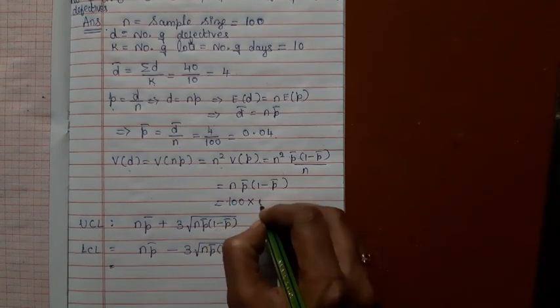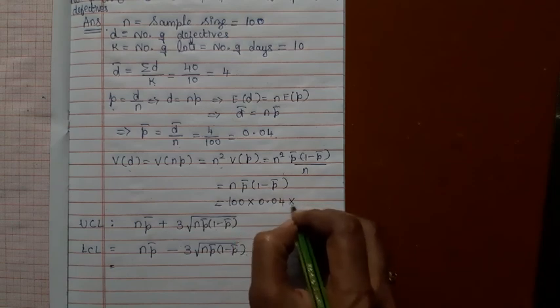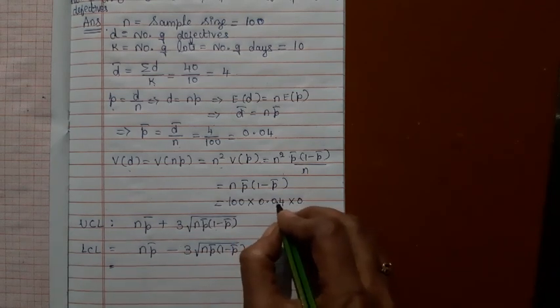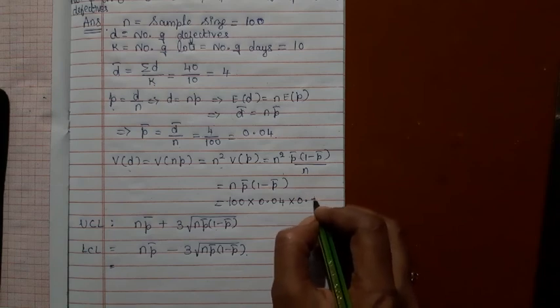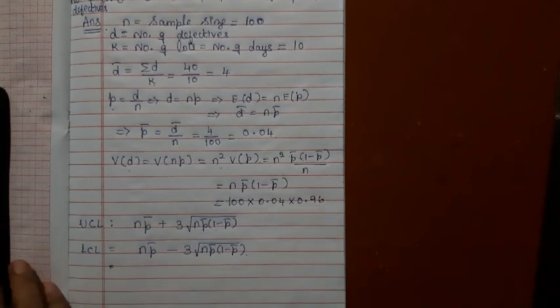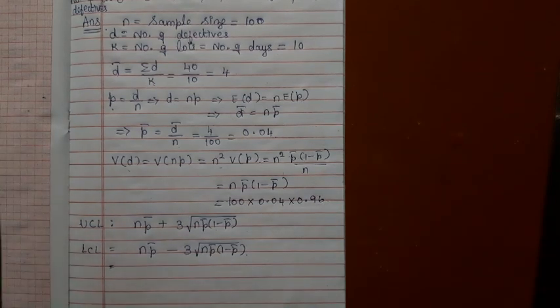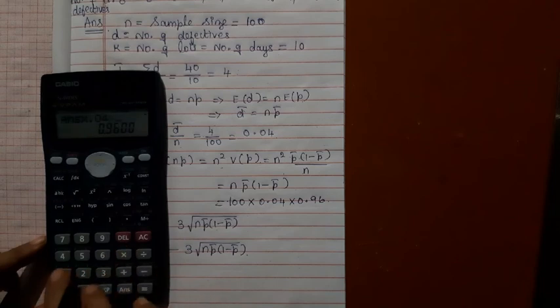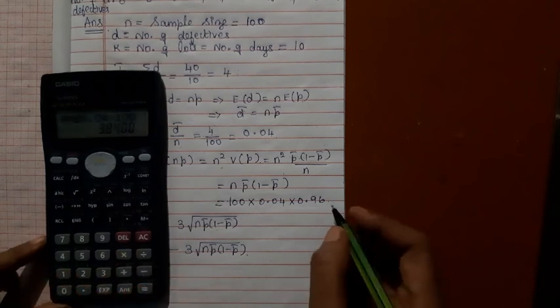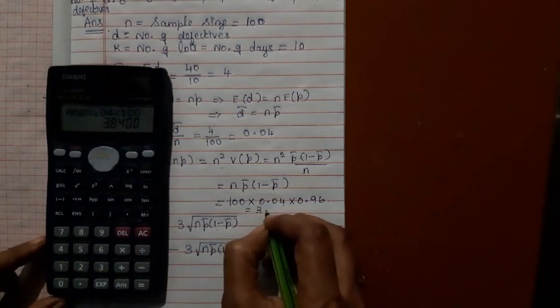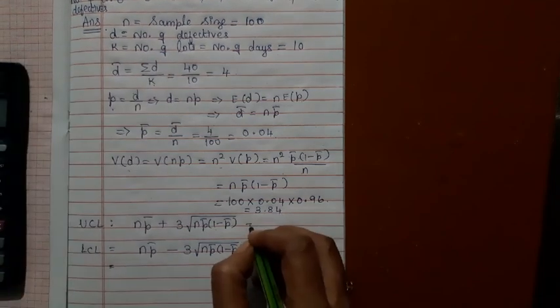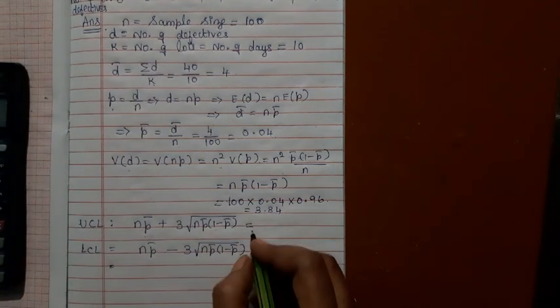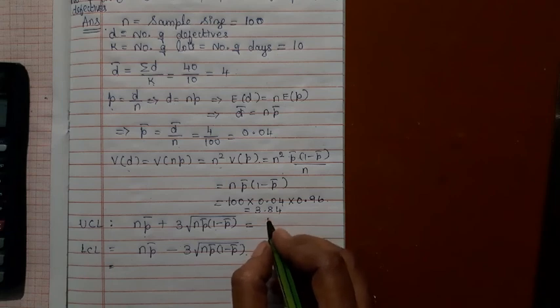Your N is 100. P bar is 0.04. 1 minus P bar is 1 minus 0.04, 0.96. Okay. Now let us calculate this. Into 0.04 into 100. So you get 3.84.